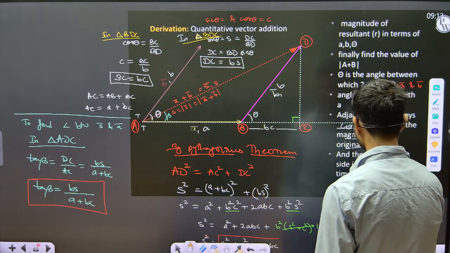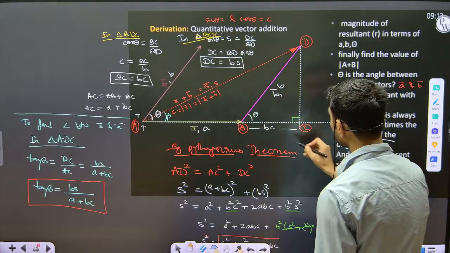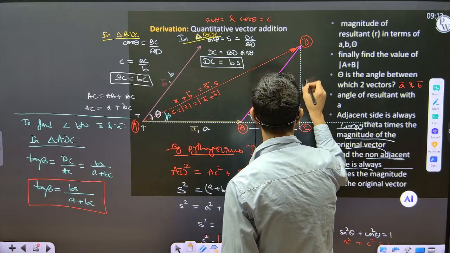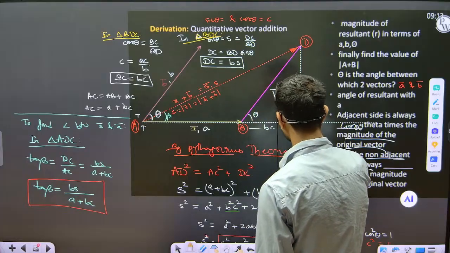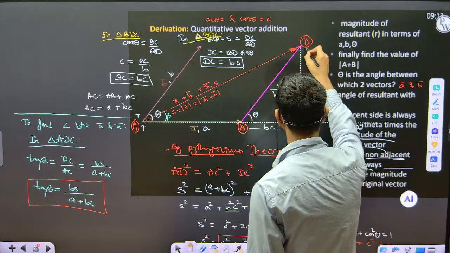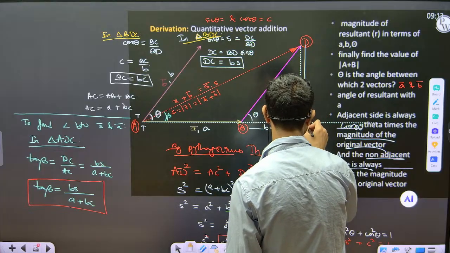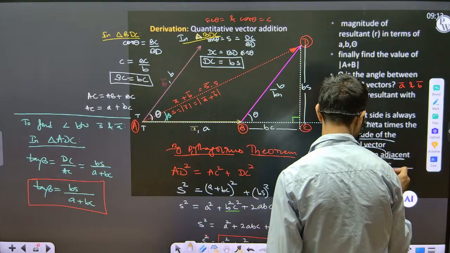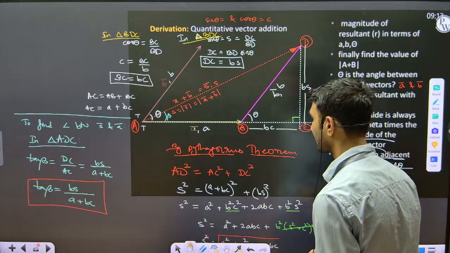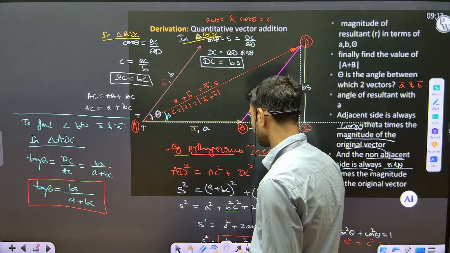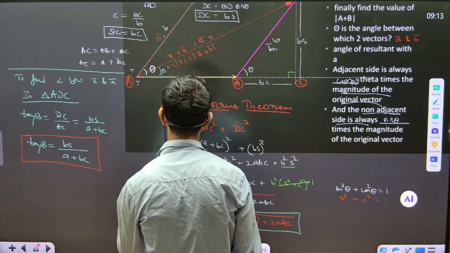And the non-adjacent side, DC, is B sin theta. So the opposite side is always sin theta times the original vector. Right? So now take all this down.